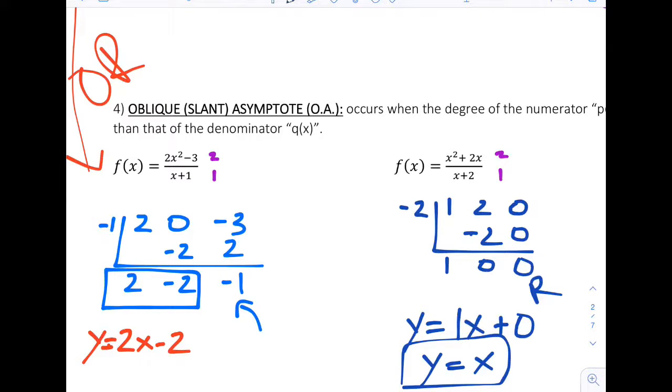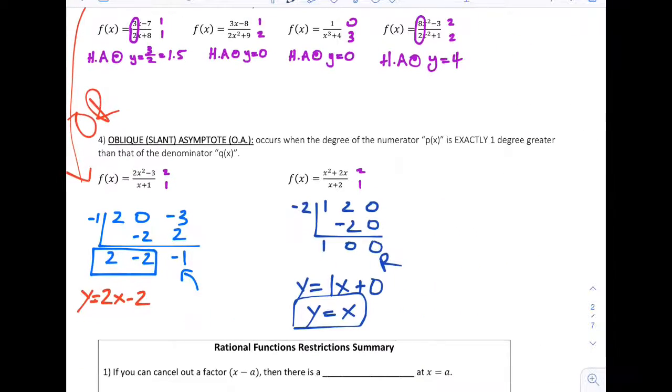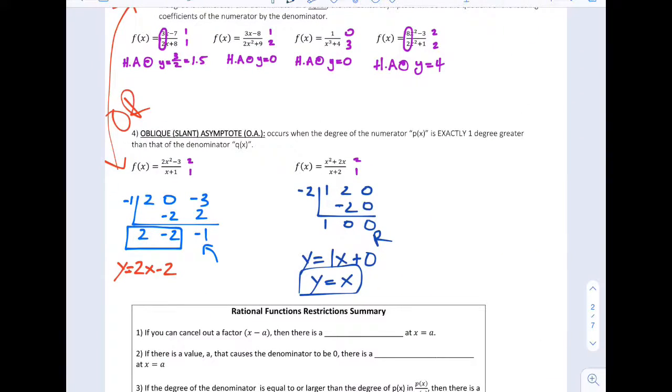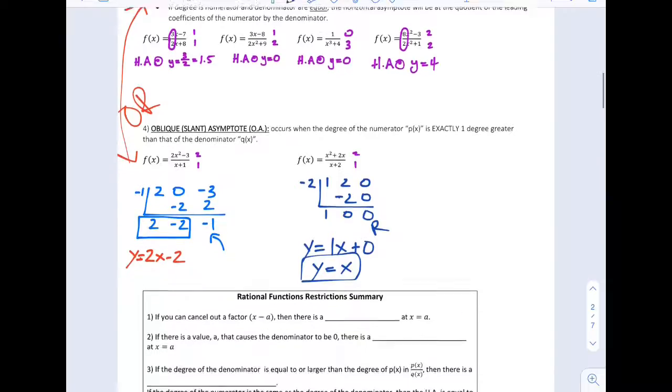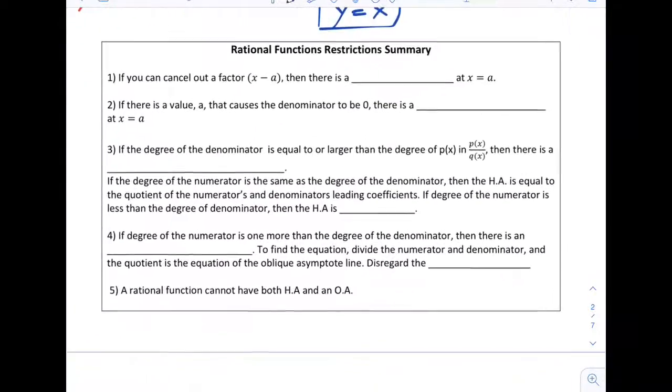That's the equation of our oblique asymptote, so I would draw that. As x got really big or really small, our function would get close to that slanted line, if that was the case. So you're going to have one or the other, either horizontal or oblique asymptotes, but you're never going to have both. So one quick overview before we do some examples.